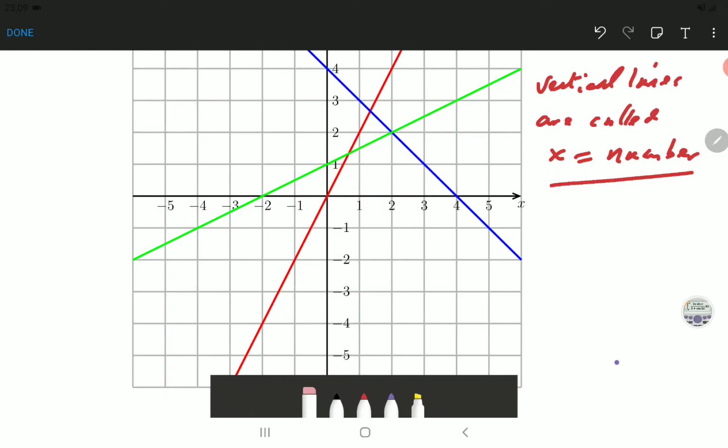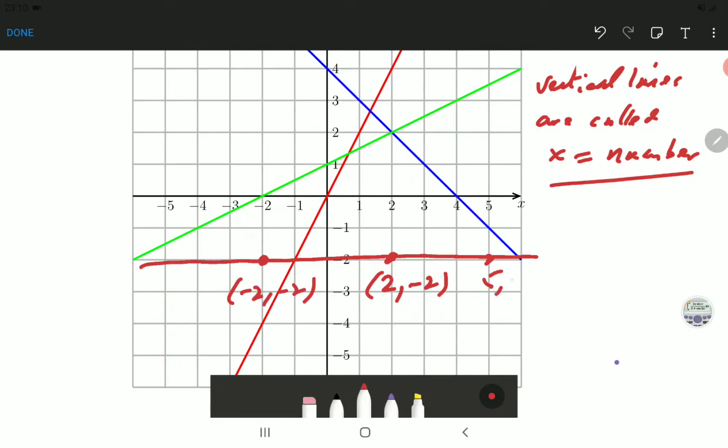All right. We're going to now look at some horizontal lines. So let's take this horizontal line here, for instance. I'm going to just take maybe 3 points. This point here is 2, minus 2. This one here is minus 2, minus 2. This one here is 5, minus 2.